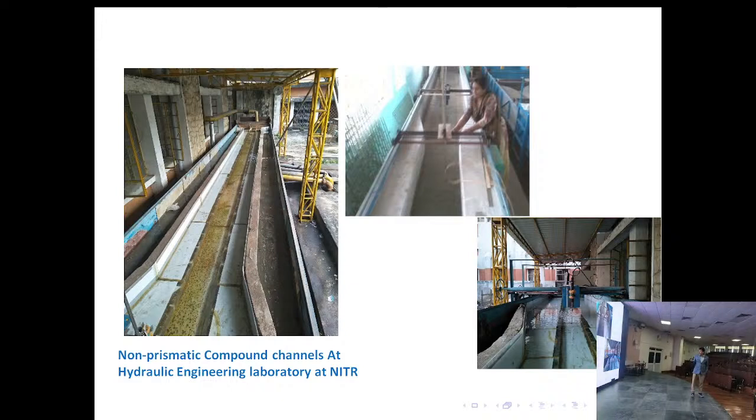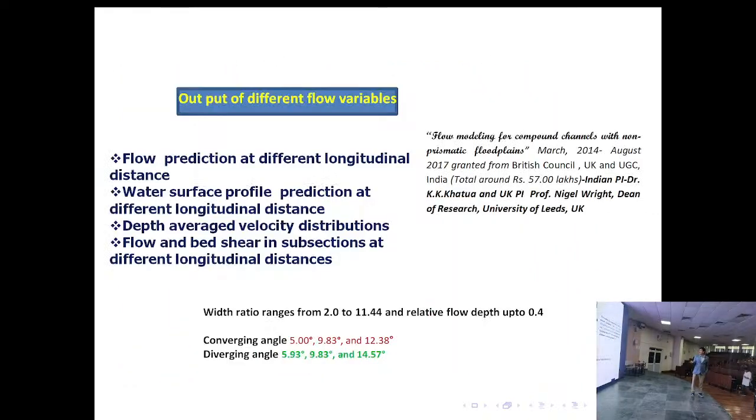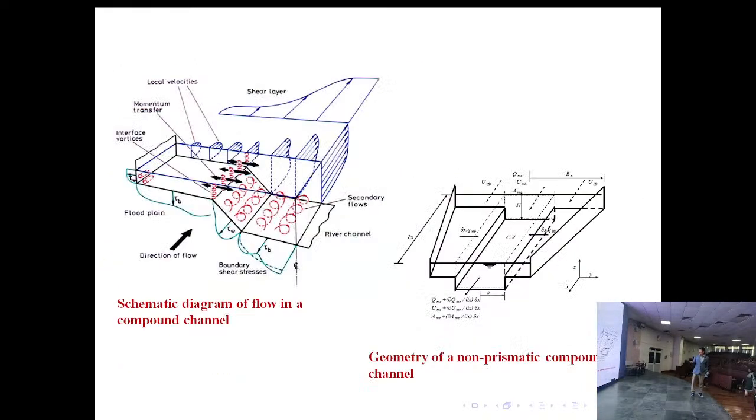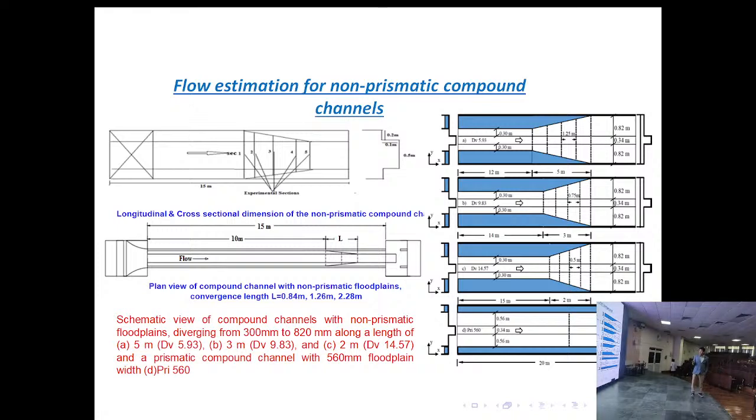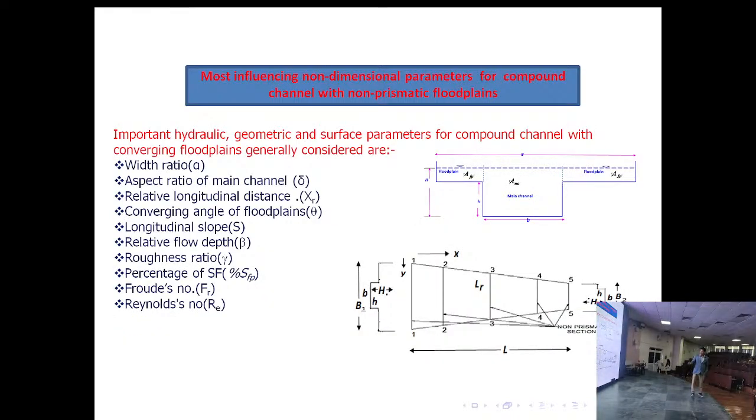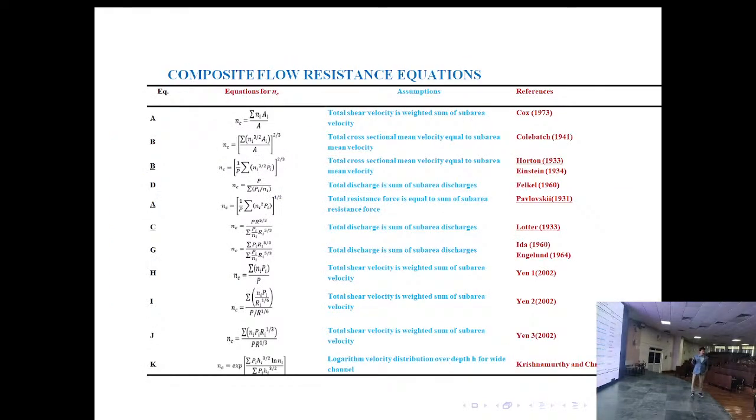And here in NIT Rourkela also we have done some experiments on non-prismatic, non-uniform channels. I am very tempted to tell more, but due to time constraints, I have to go very quickly. Many non-dimensional parameters, through that we decide many publications in the ASCE, American Society of Civil Engineers, which is very recognized. On that basis software is made. That software we apply in our fields through our engineers and in reputed universities like IIT, NIT and VSSUT.